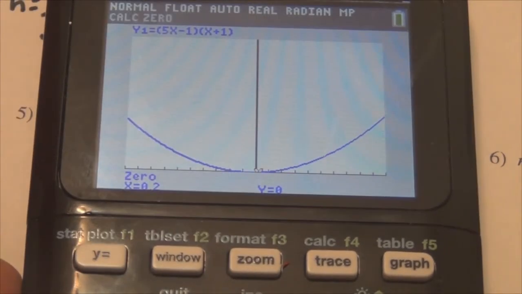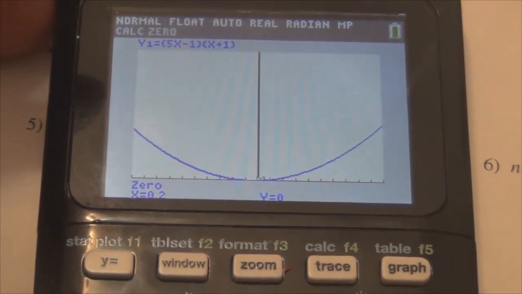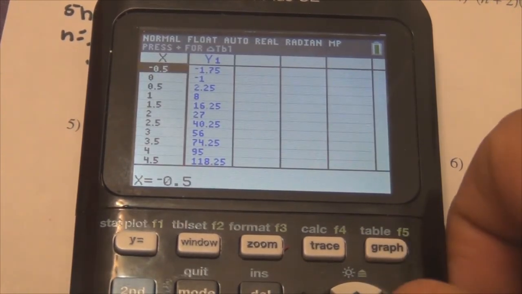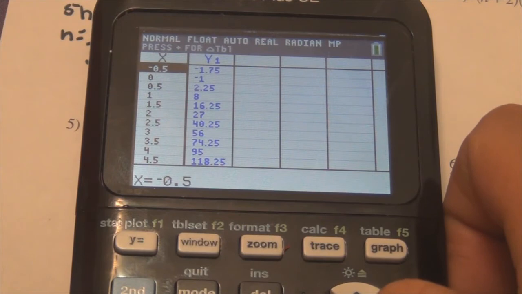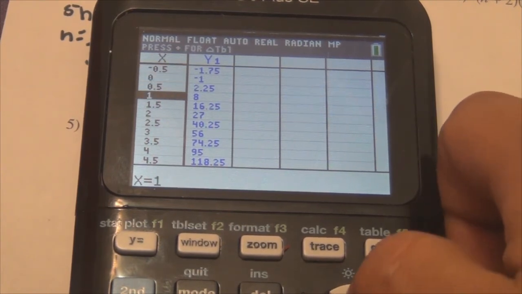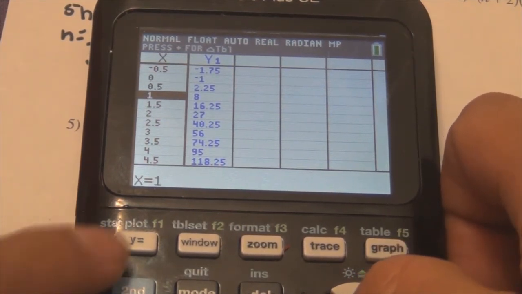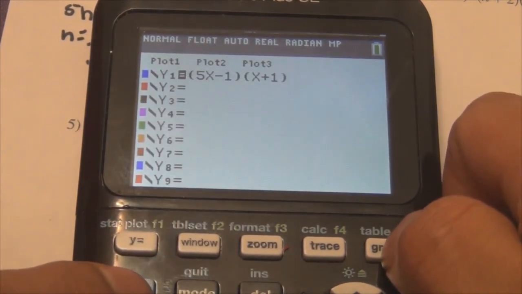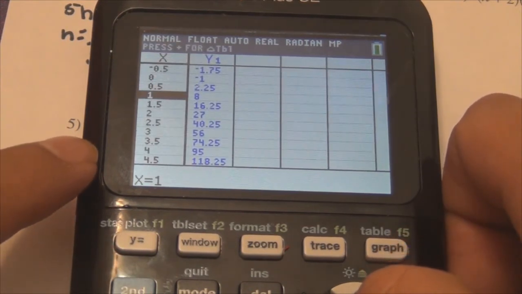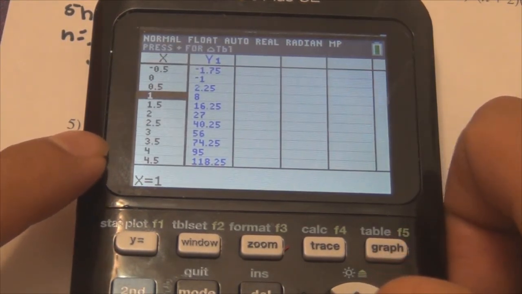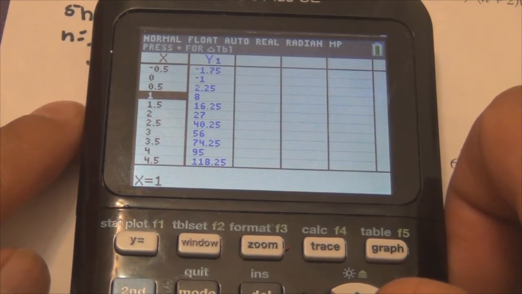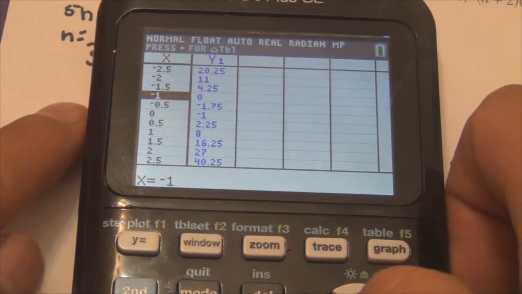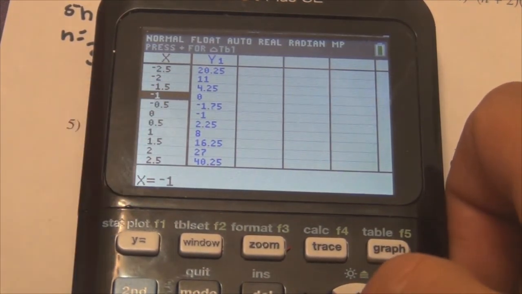Now, is it always like that? Not really. Sometimes, look, you could just go into the table and find the values where y is 0. So let's see now. Here negative 1, comma 0, you see that?